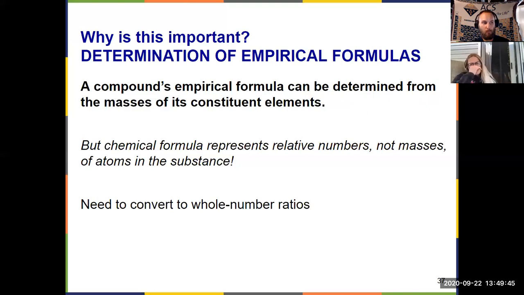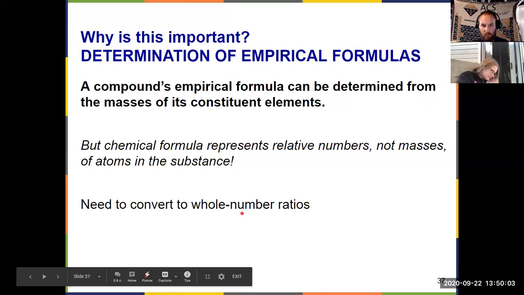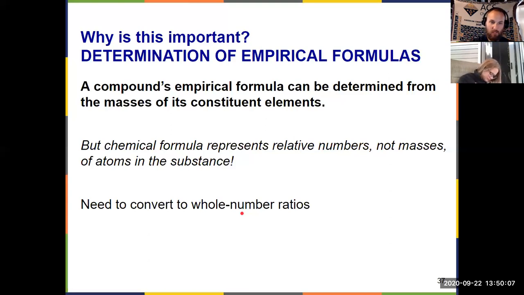Remembering that this empirical formula represents relative numbers. We're not just taking these masses and adding them together, right? It's relative numbers, the simplest ratio of the atoms that are in a substance. The simplest, and I should say, to be even more specific, whole number ratio, because we're going to see in a couple of slides where that's important. The simplest whole number ratio of the atoms that are present in a compound.